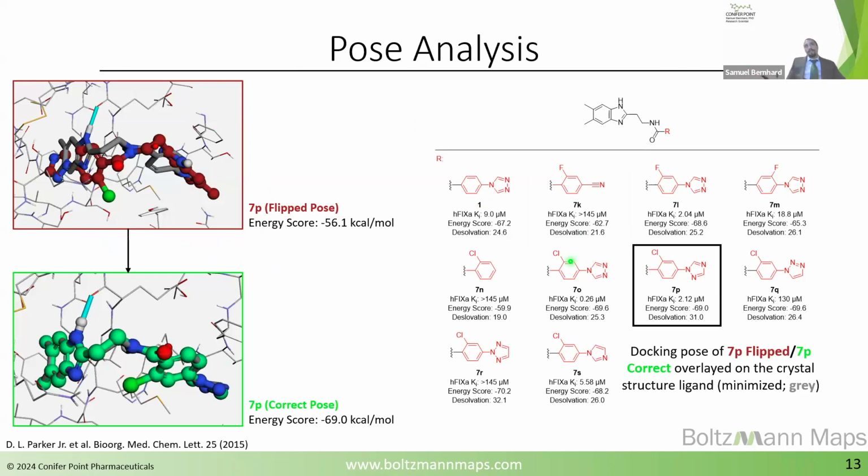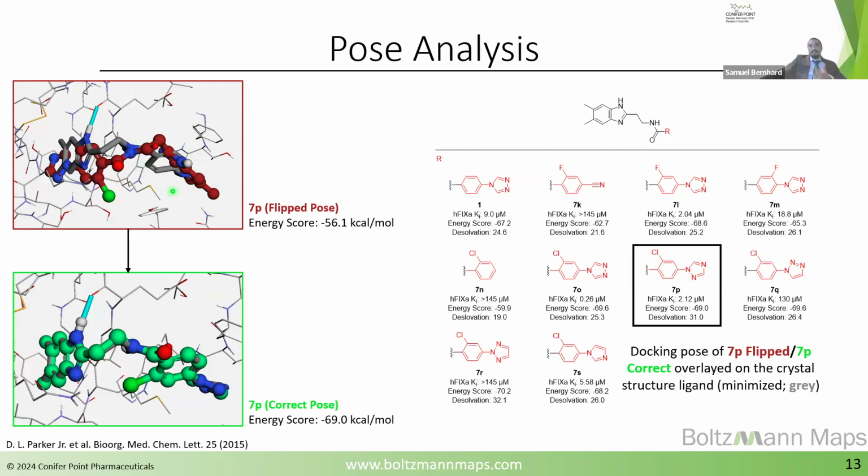Additionally, for both qualitative and quantitative analysis, it's really critical to have appropriate poses. So the example here is the 7P structure, where during an initial screen, we ended up with a pose flip. It fills the space appropriately, but this benzimidazole is residing in the place where we typically see these phenyltriazoles.